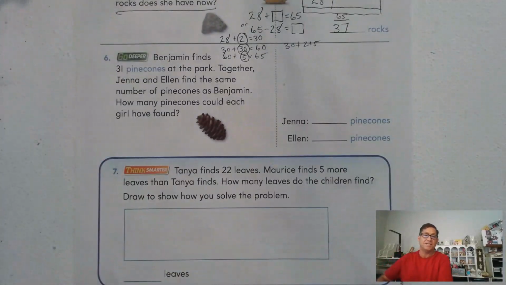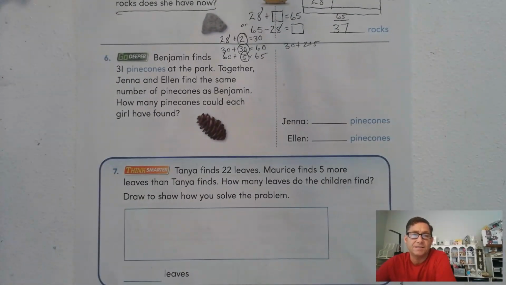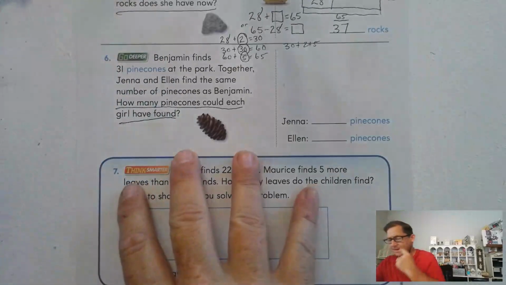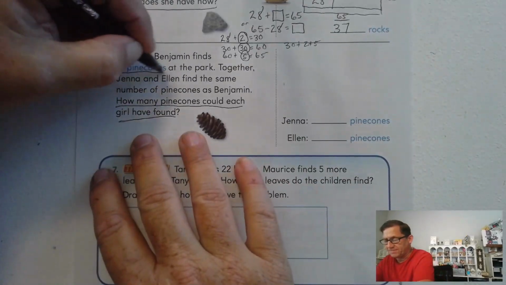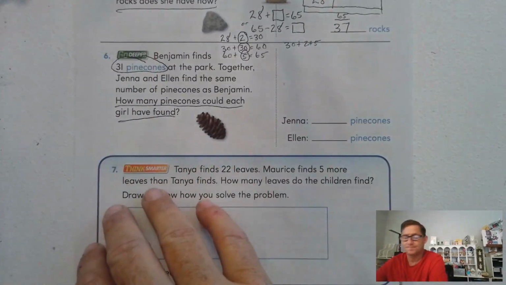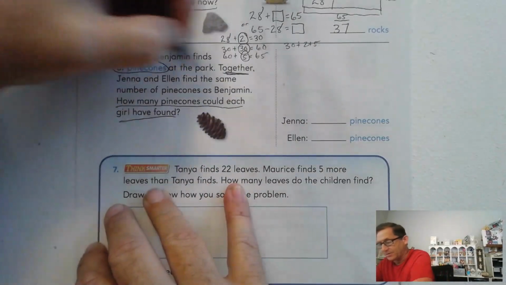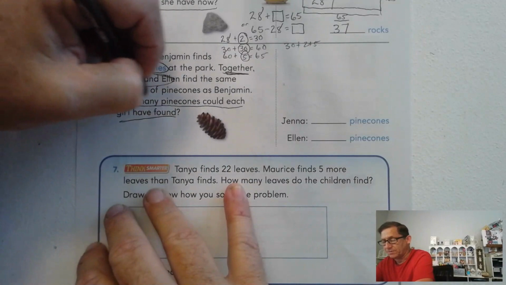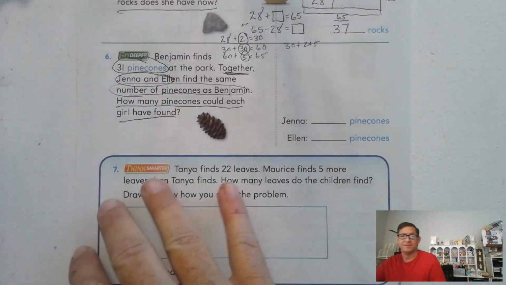Number 6, Benjamin finds 31 pine cones at the park. Together, Jenna and Ellen find the same number of pine cones as Benjamin. How many pine cones could each girl have found? Okay, so Benjamin found 31. Together, Jenna and Ellen find the same number of pine cones as Benjamin.